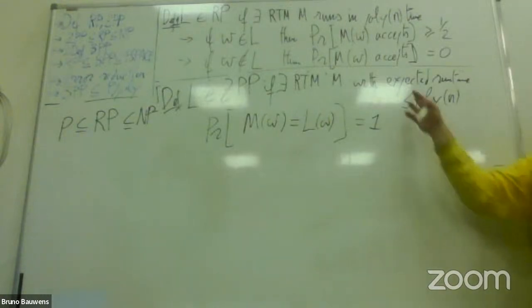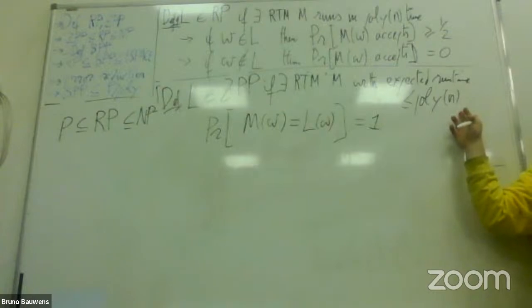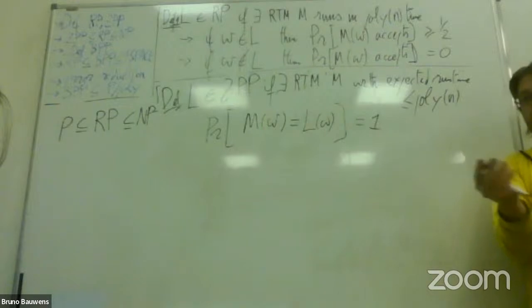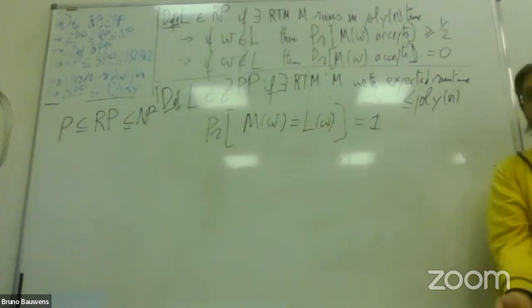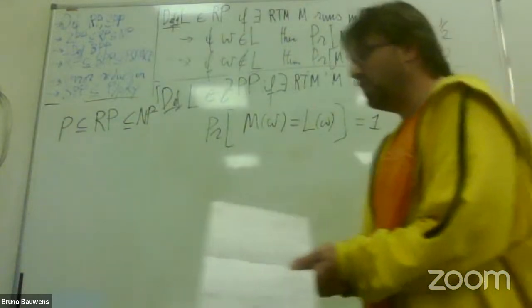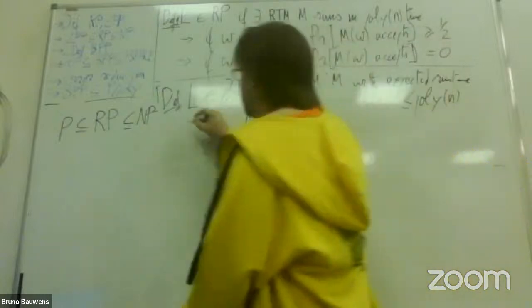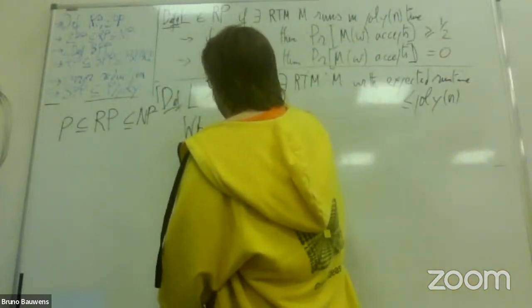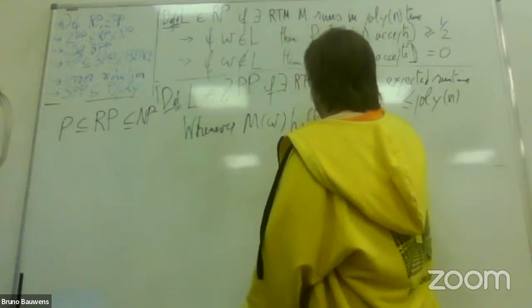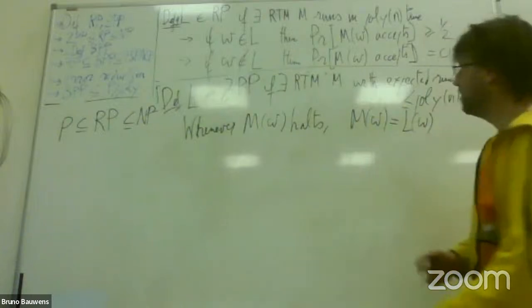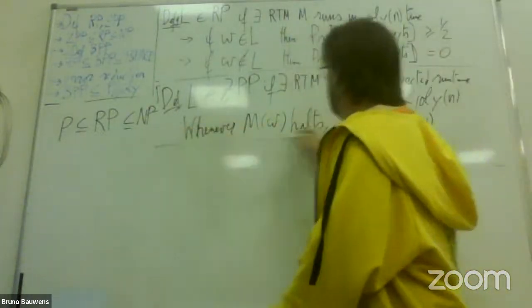Note that if the expected runtime is bounded by a polynomial, then the machine will halt with probability 1. It cannot happen that with probability 0.1 the machine never halts. Let me just say: whenever M halts, we have M(W) equal to L(W). Just the definition.